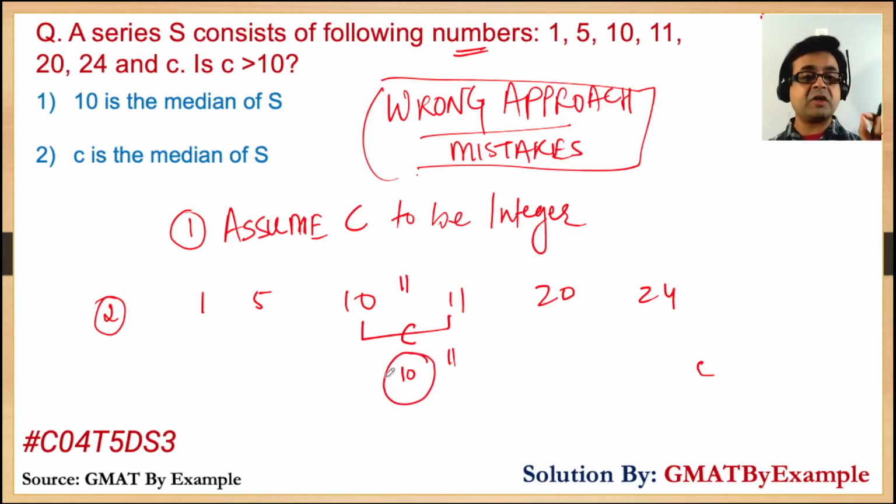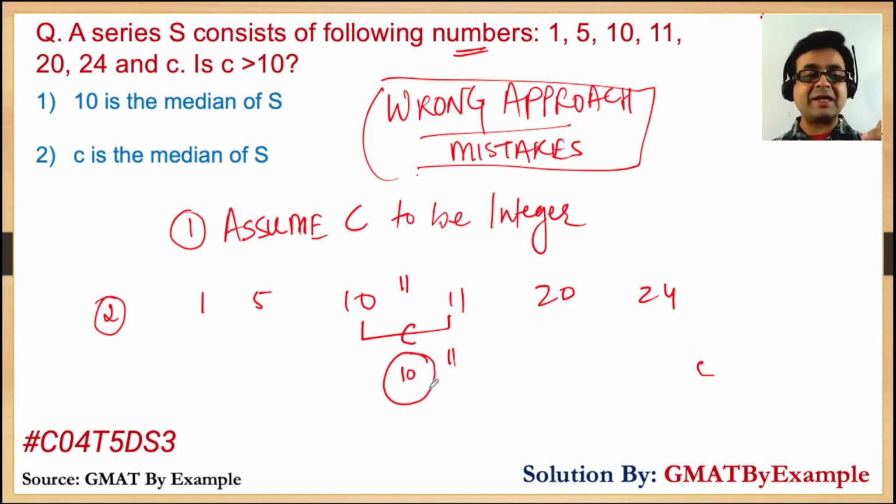Again, remember, we have not considered that C could be a non-integer, and we say, okay, we get 10 as the answer. 10 is not greater than 10. We get a consistent no to the asked question and mark C as sufficient. However, we forget that there are a couple of big red lights that we should have noticed.